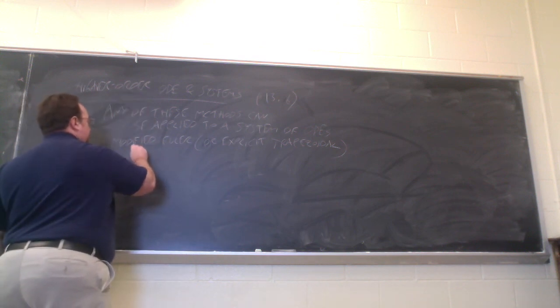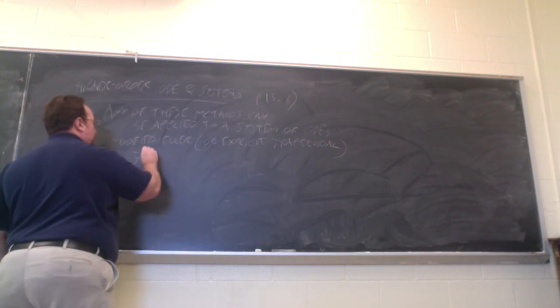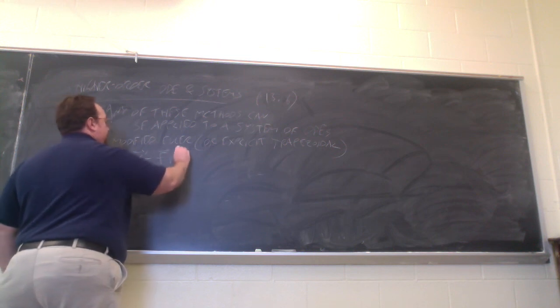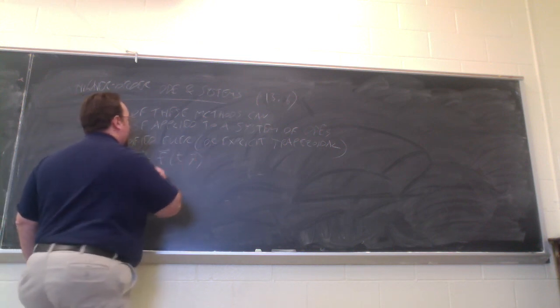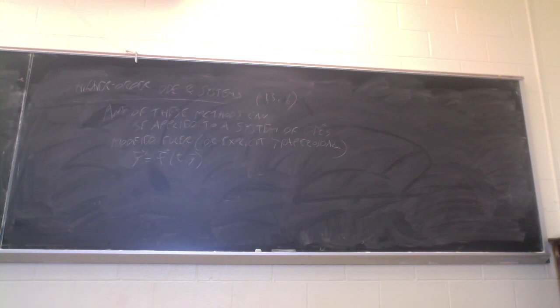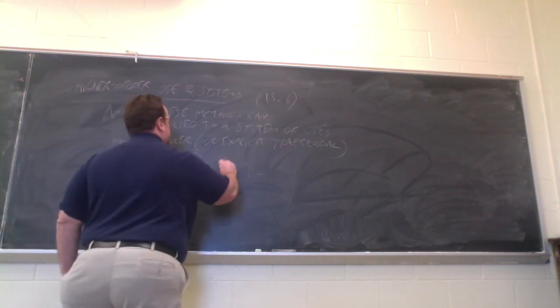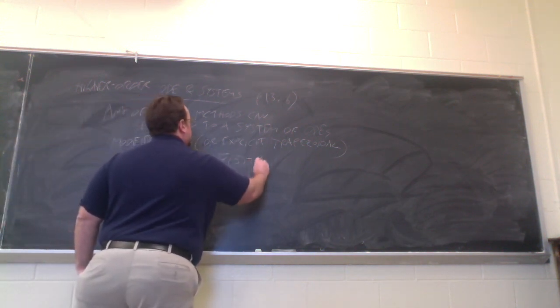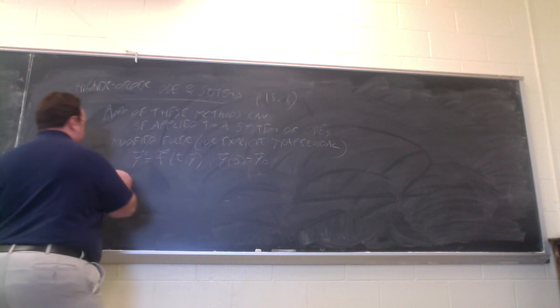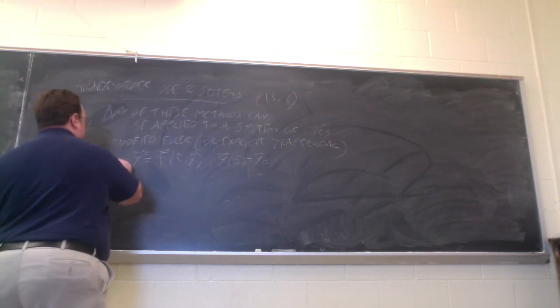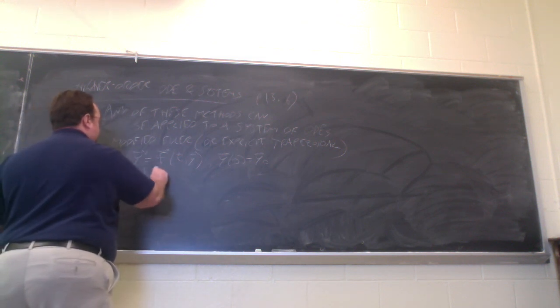So you're solving the system of ODEs y prime is f of t, y, where y is now a vector, and f is a vector-valued function. And you have a vector-valued initial condition.